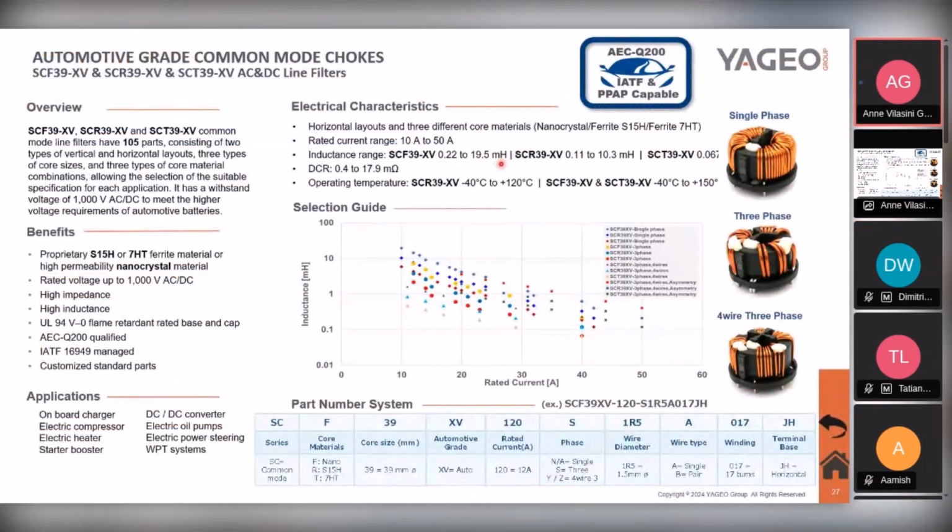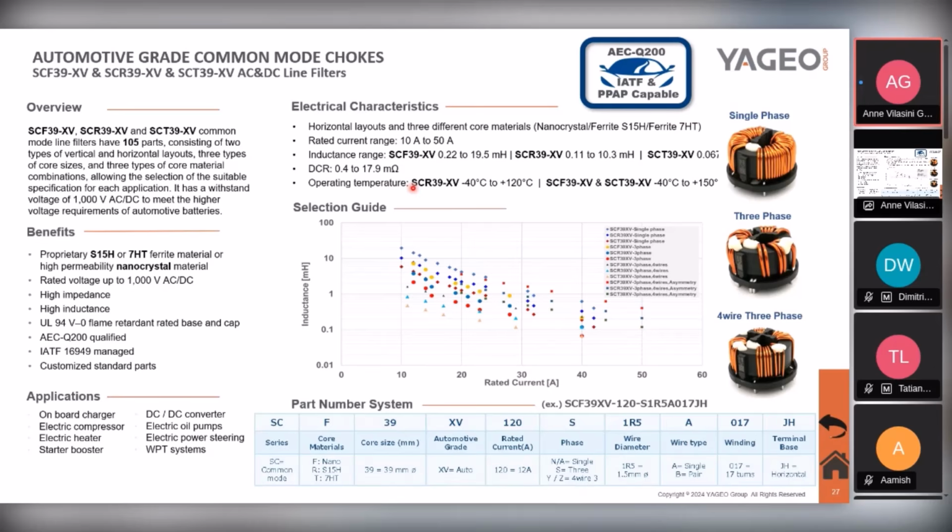Okay, and this is also an example of a data sheet of a common mode choke. The important things to note are basically the rated current range, because it's placed on the line, so it has to withstand the line current with margin, and the inductance range, which also sets how much attenuation you get, and the DC resistance, which is the parasitic resistance that we spoke about.